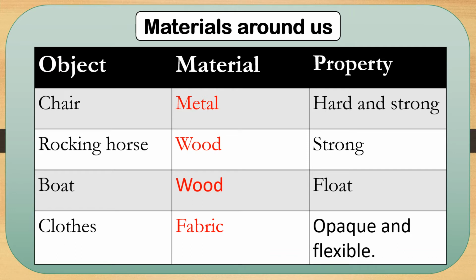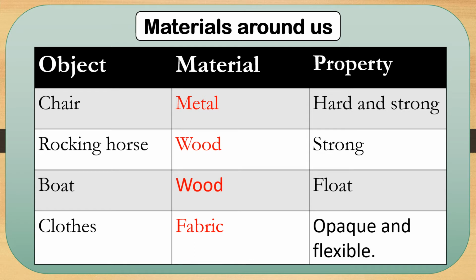The material is wood, and the property is float. Float means something that can remain on top of water. So when we say that boat is made of wood, it means that wood can float on water.